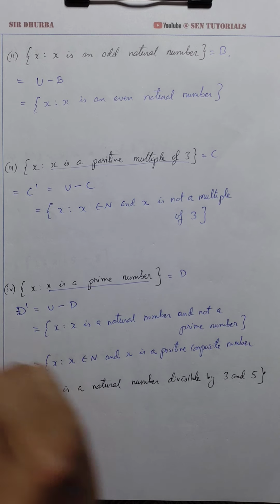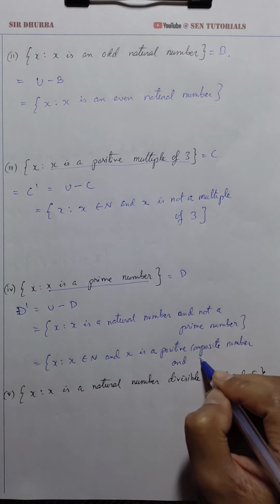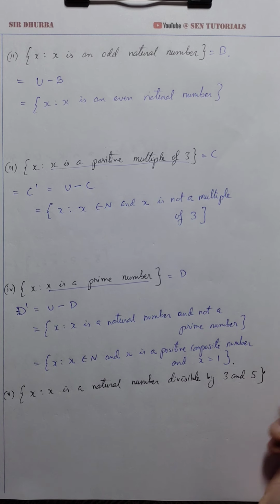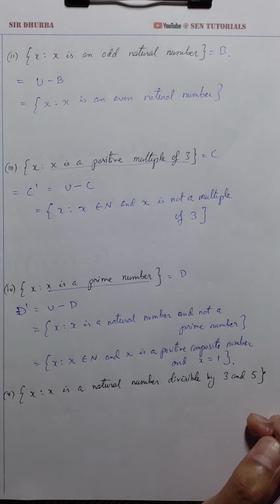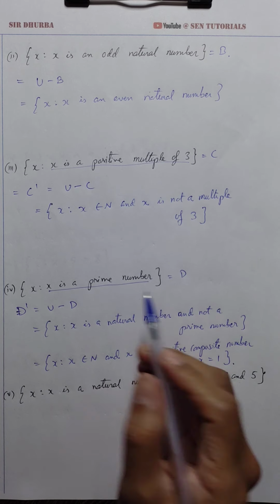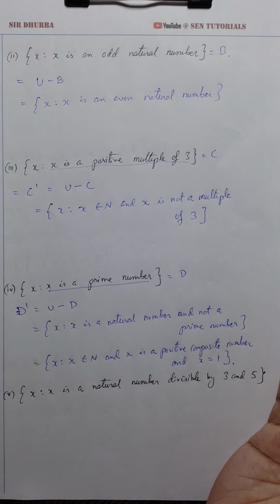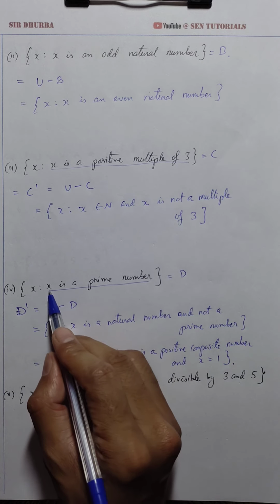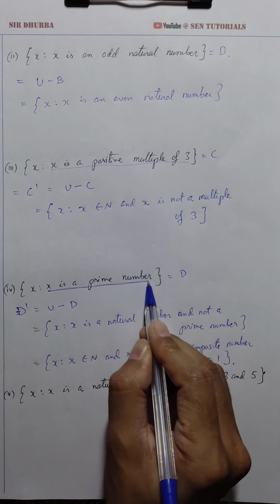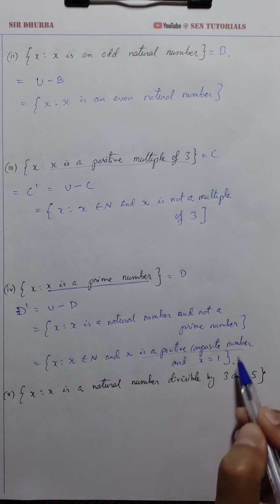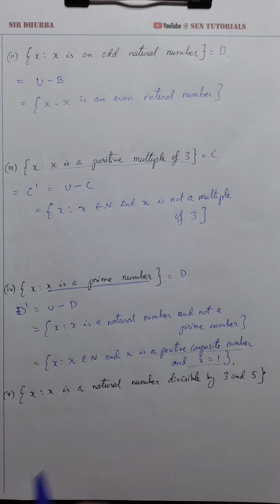So X is a positive composite number or X equal to 1. That should not be forgotten, because 1 is neither a prime nor a composite number. But here we are supposed to write the set which is not a prime number. So composite numbers and X equal to 1, because 1 also has to be included.